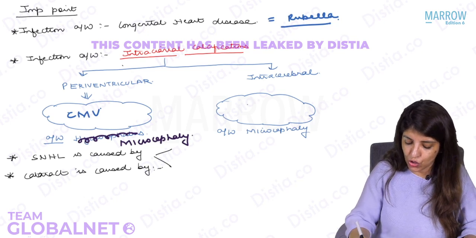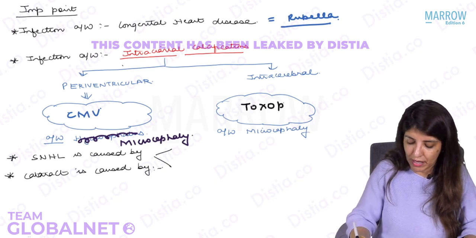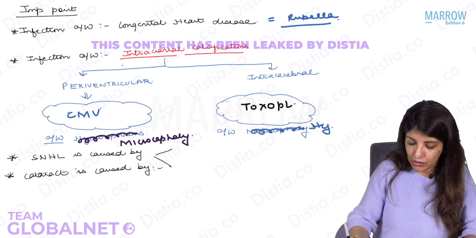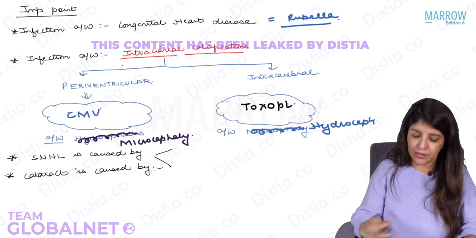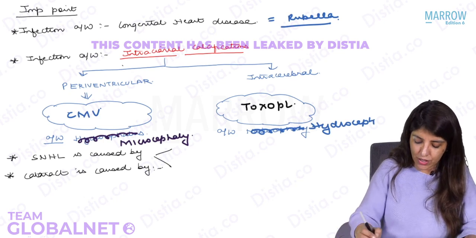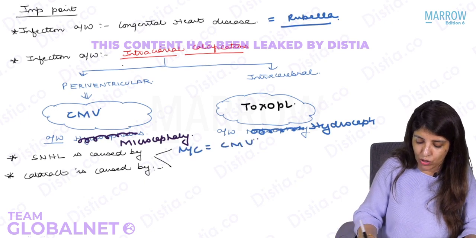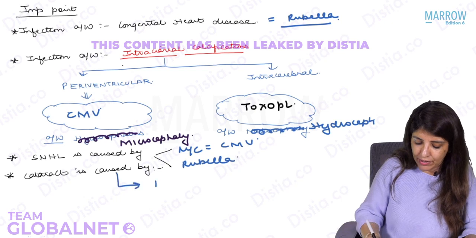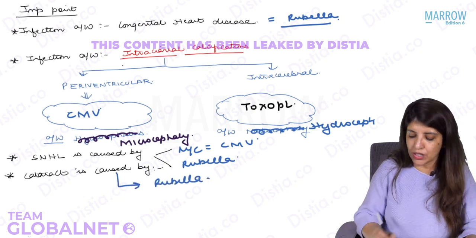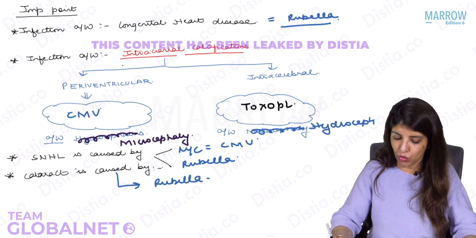Intracerebral calcifications you were getting in toxoplasma, and it was associated with hydrocephalus. Sensory neural hearing loss is caused by 2 infections. Most commonly, it is caused by cytomegalovirus, and then it is also caused by rubella. Cataract, if you are getting, you see it in rubella. Clear to all of you?